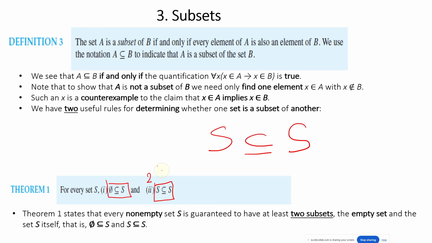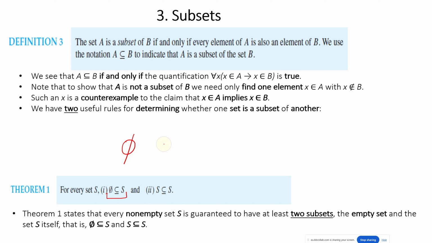Another thing, which is actually a little bit weird, is this one over here. The empty set is a subset of every set, which means if you take the empty set, what's inside of it? There's nothing.